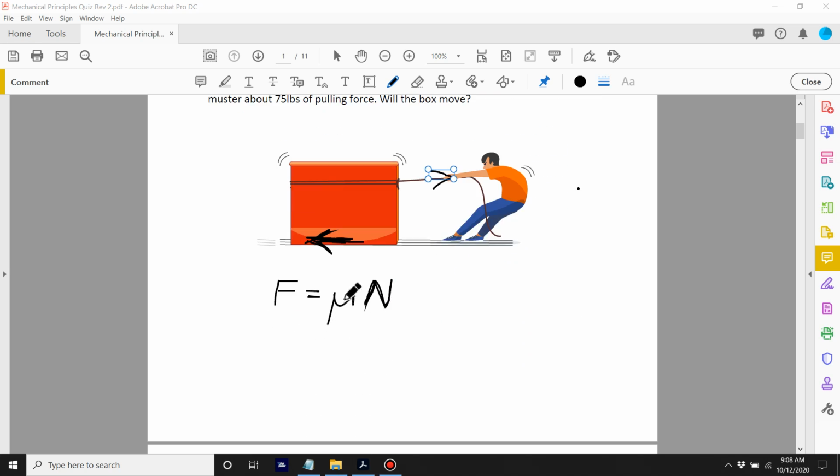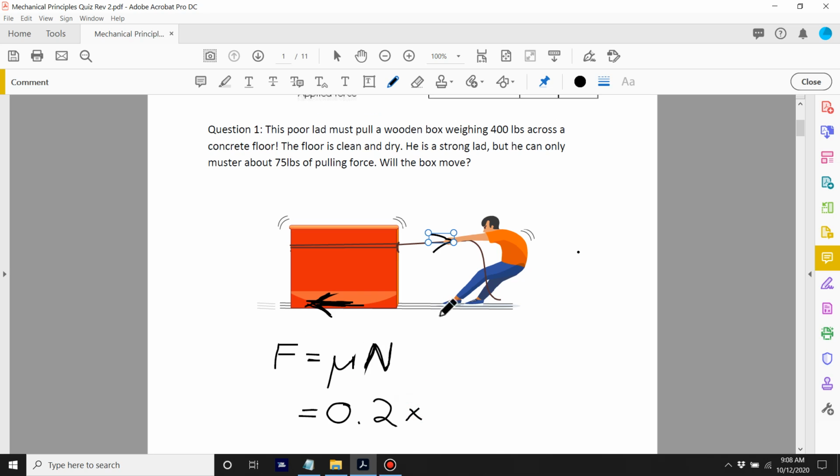All right, so the mu in this case is 0.2, and then we're going to multiply that by N, which is the weight of that box coming down in that direction, which is 400 pounds.